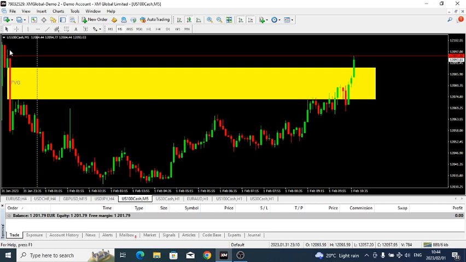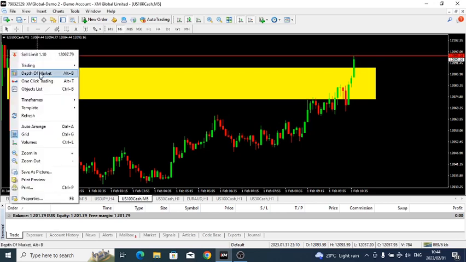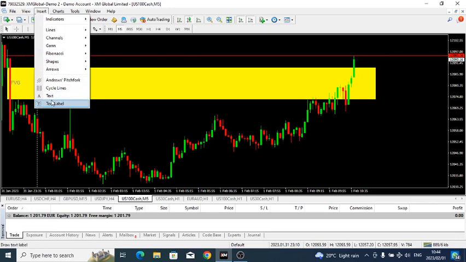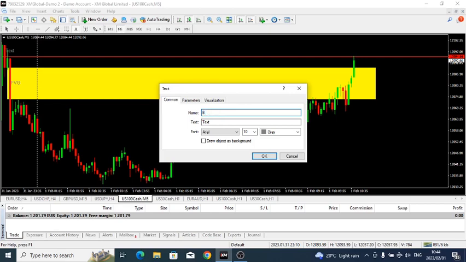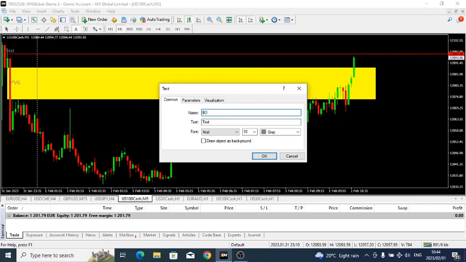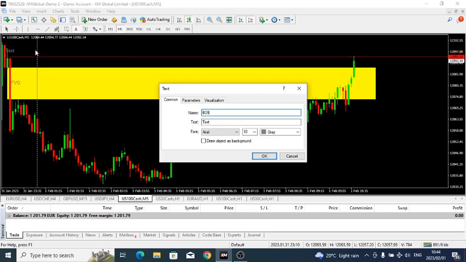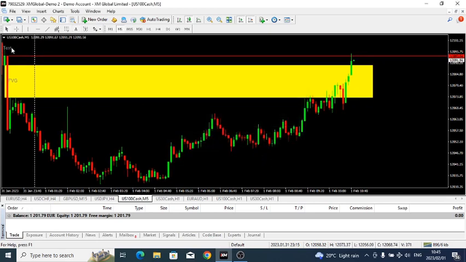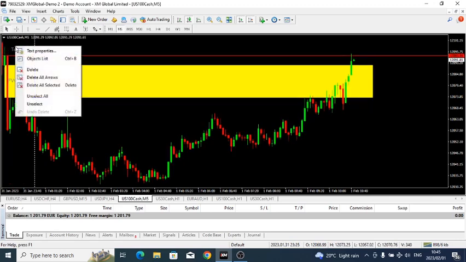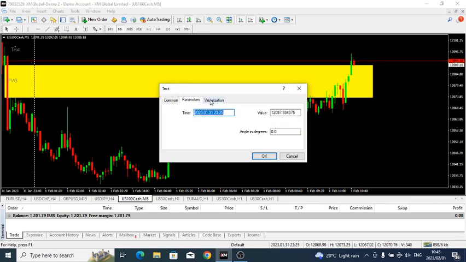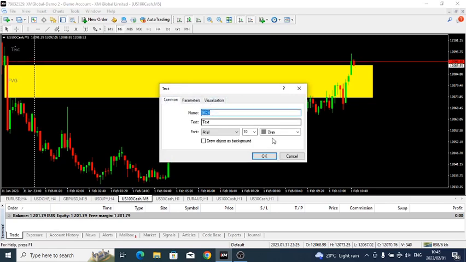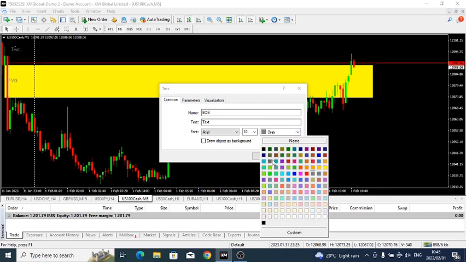And this is a bearish order block. Order block, bearish order block. Change the color to, just say, white.